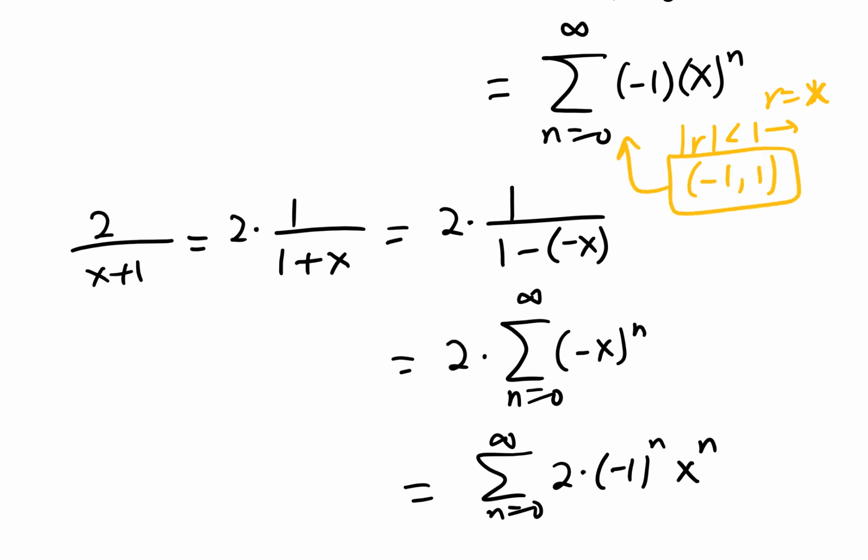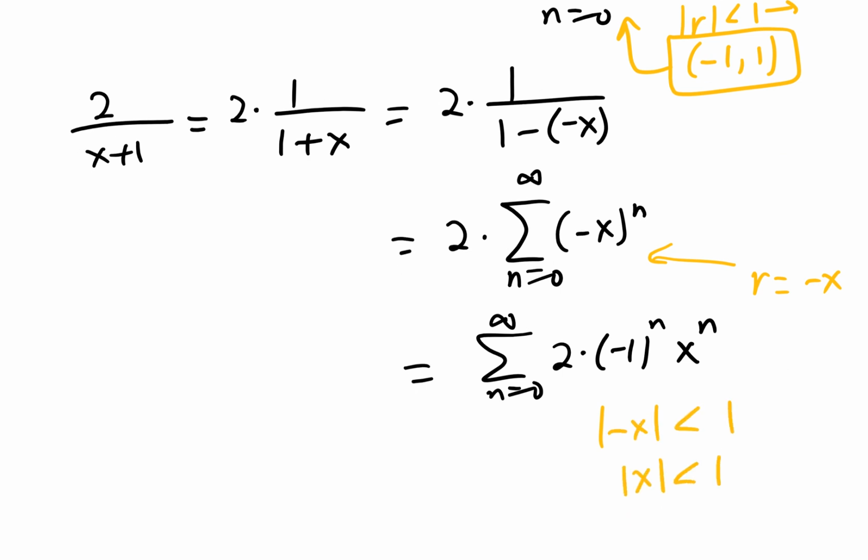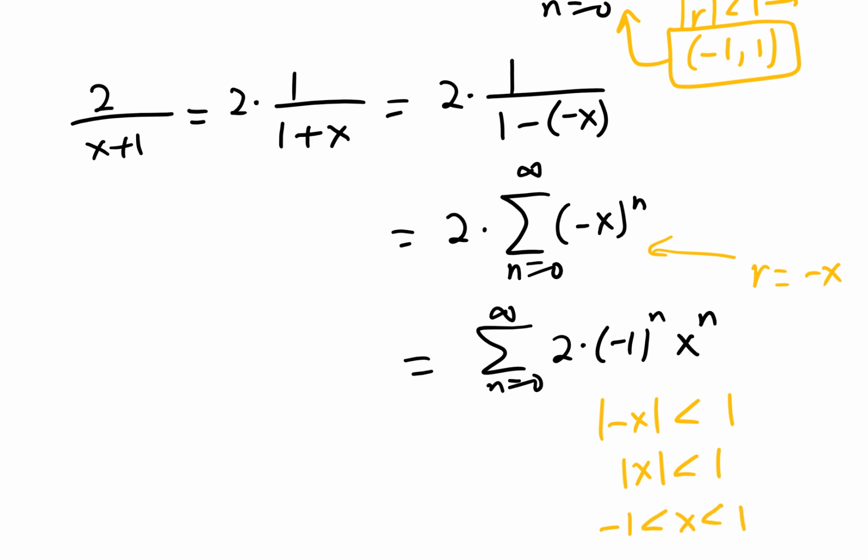For this one, r is negative x, so I'm going to do the same thing, absolute value of negative x less than 1. You could drop the absolute value, and then x would go from negative 1 to 1.